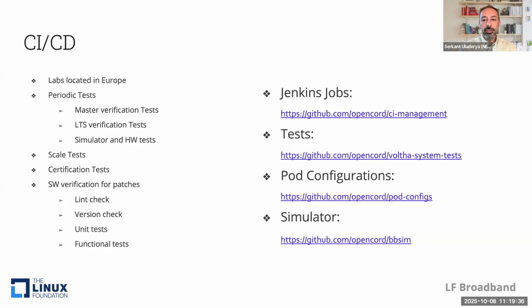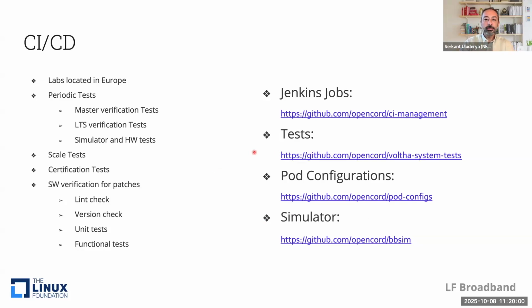And moving to the next slides, as I said, the VOLTHA community in Linux Foundation has its own CI/CD implementation so that any patch requests and committed code are tested automatically. This helps us with verification, and we try to make sure new committed code doesn't break any existing functionality.